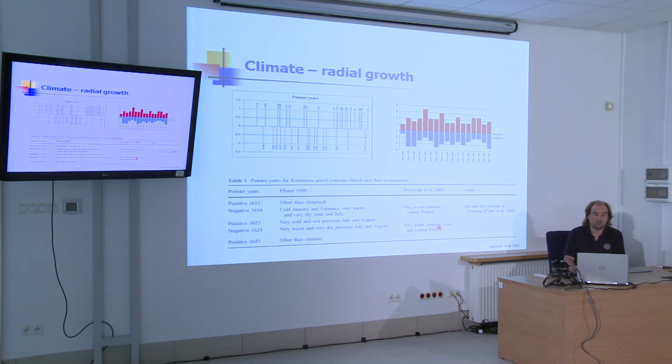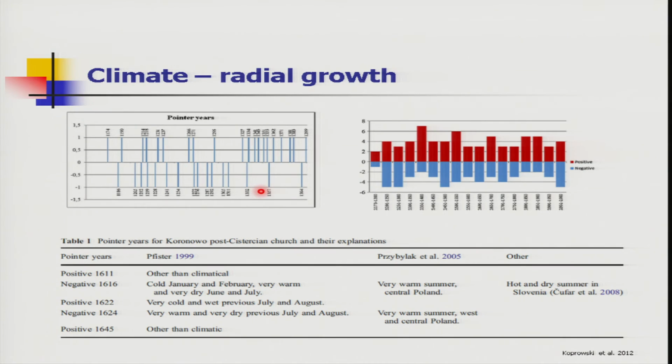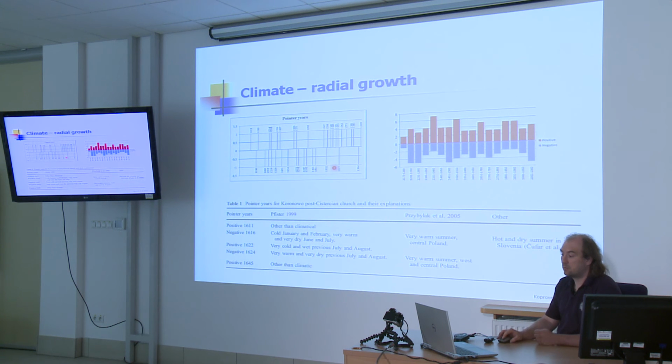So probably, we know that these Scots pines need a lot of precipitation during period from May to July. So when the summer was dry and warm, there was lack of moisture, lack of water, and the growth had to be limited.